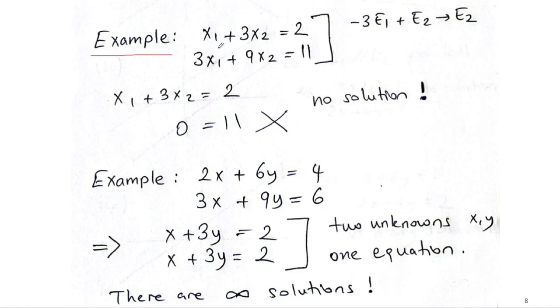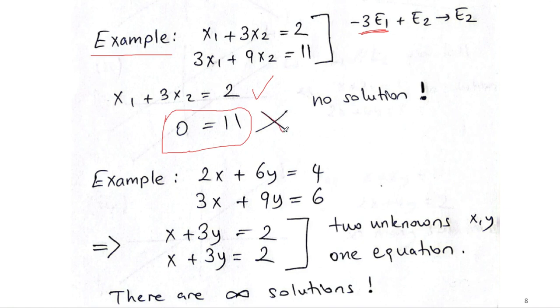quickly. Again, you have a system of two equations and two unknowns. And notice that I can multiply the first equation by -3 and then add it to the second equation. Now, if I do that, what we get is x1 plus 3 times x2 equals 2. That's our first equation. But in the second equation, notice that you will get 0 equals 11, but that's a contradiction.